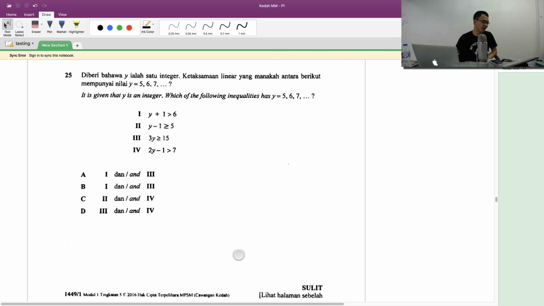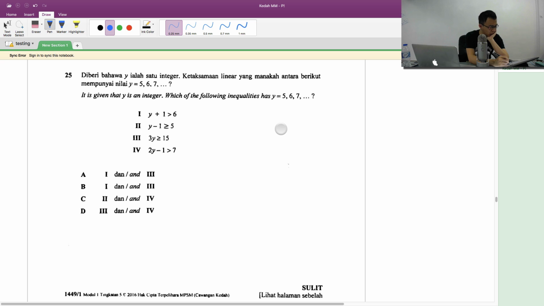Okay, question 25. It's given that y is an integer. Which of the following inequalities has y? So y is actually from the positive integers 5, 6, 7 until infinity.